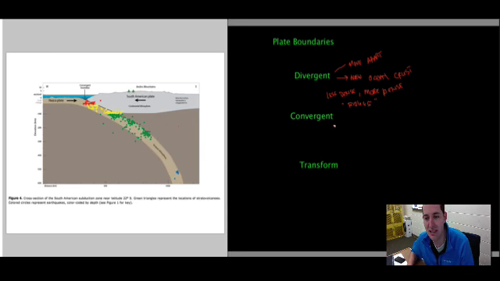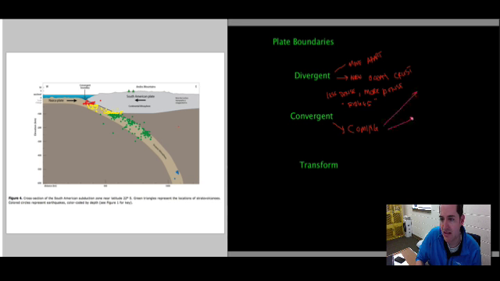Convergent boundaries is where they are coming together. Okay, and when we have this, we're worried about basically three types of crust. Okay, so we've got two types of crust and three boundaries. So we have oceanic crust, which obviously comes from the ocean, and we have continental crust, which obviously comes from continents.